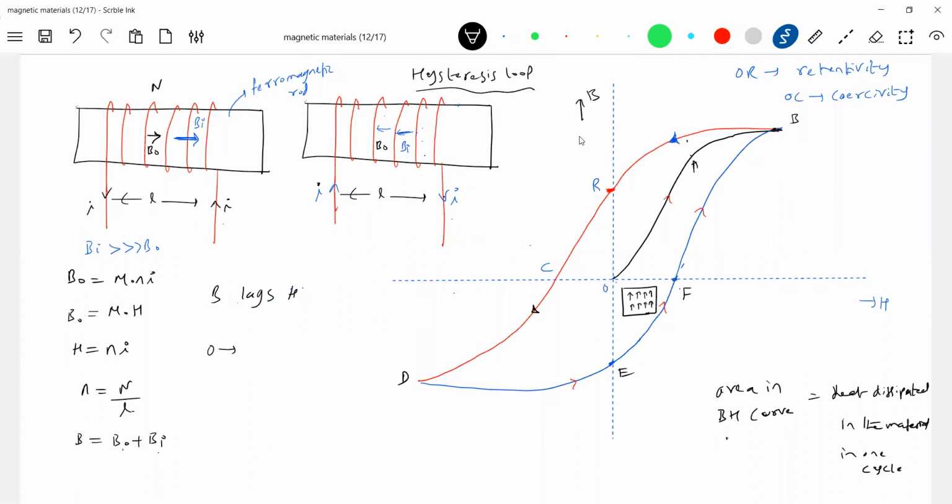Let me assume that here, and at A, I'll show the domains. A little bit of help will come, so they will start getting aligned.